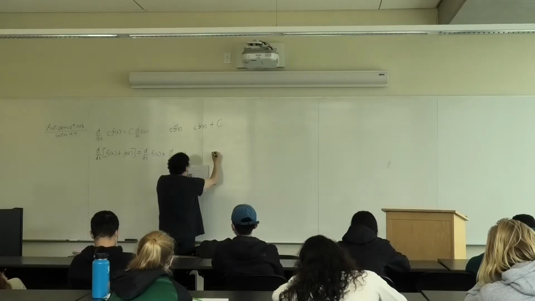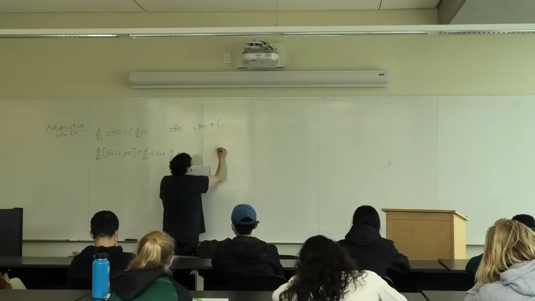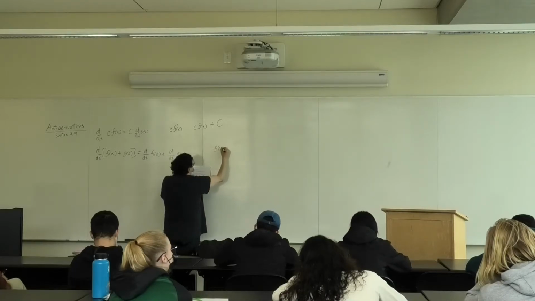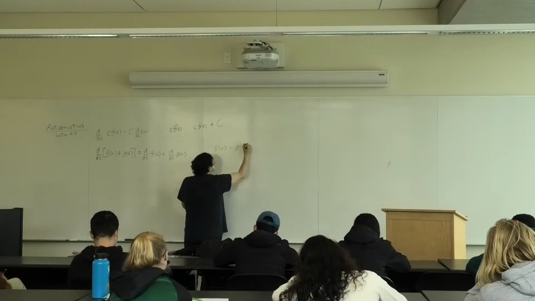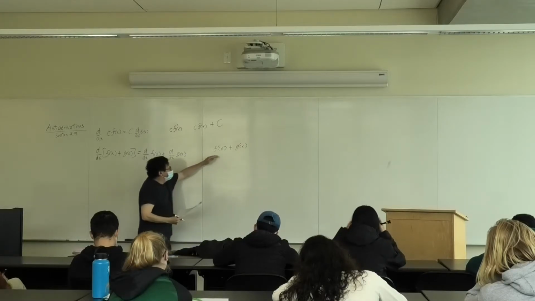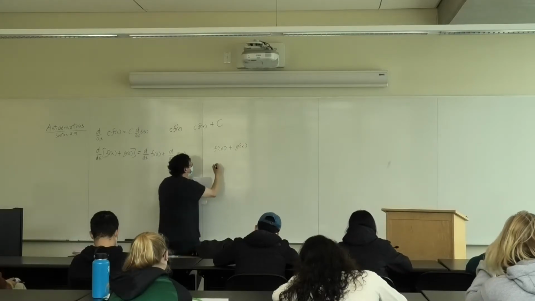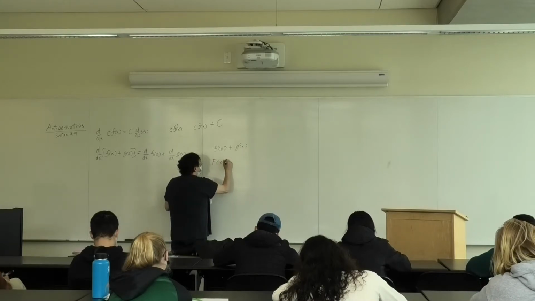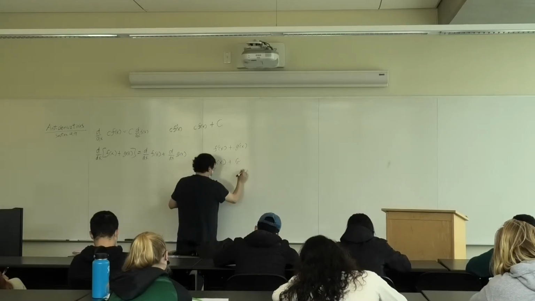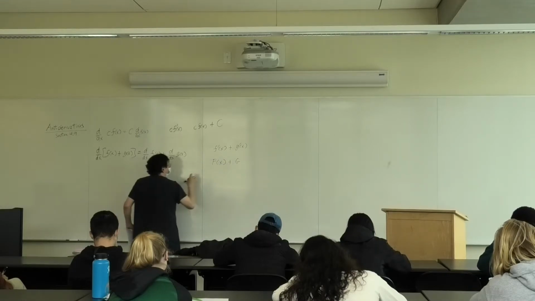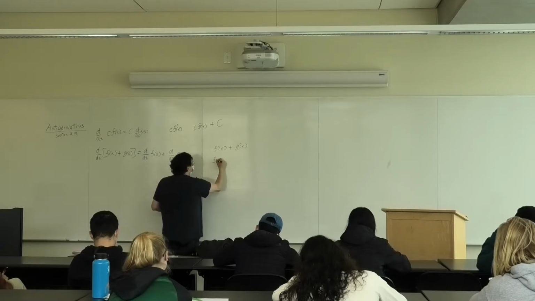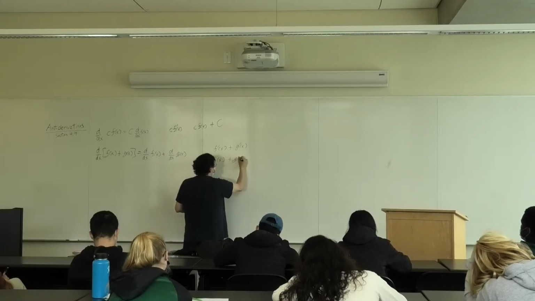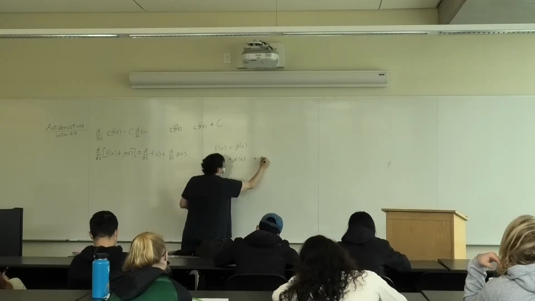So that tells us if we have the sum of two functions that are derivatives, their antiderivative is just going to be, I can write it, f of x, g of x. It's just going to be their sum. Of course, plus a constant.